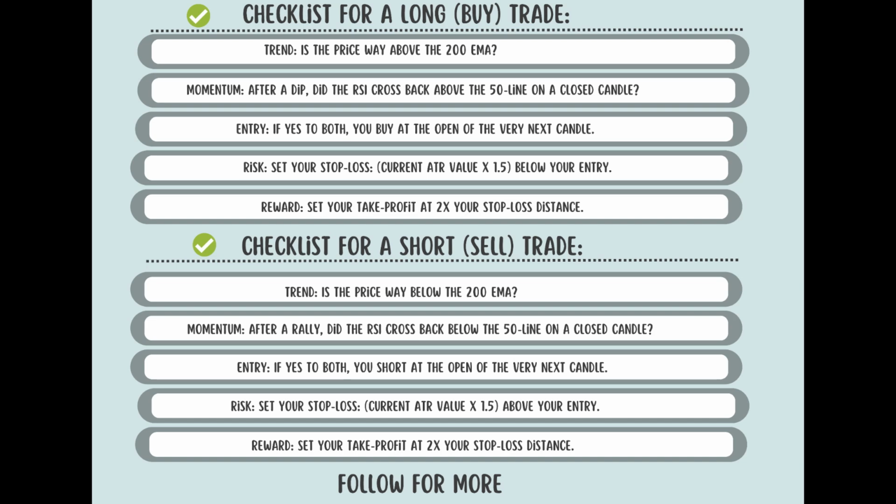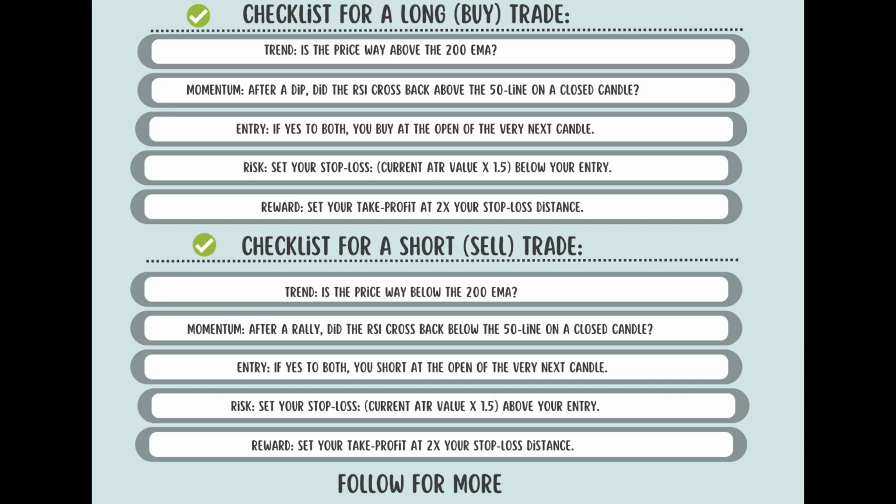After a dip, did the RSI cross back above the 50 line on a closed candle? 3. Entry. If yes to both, you buy at the open of the very next candle. 4. Risk. Set your stop loss, current ATR value x 1.5, below your entry. 5. Reward. Set your take profit at 2 times your stop loss distance.